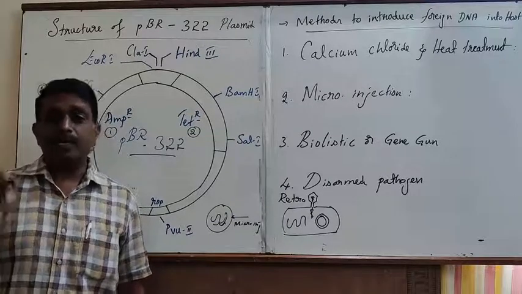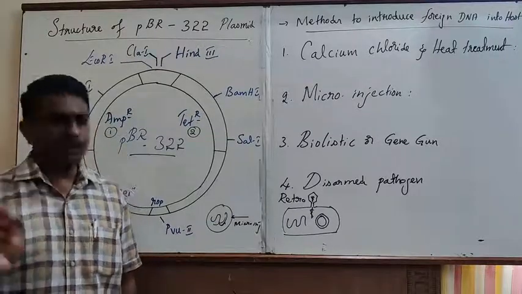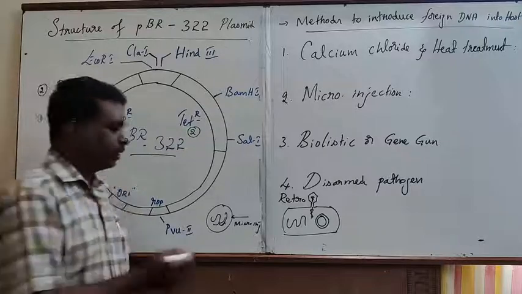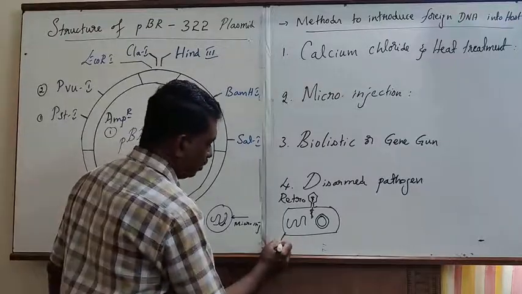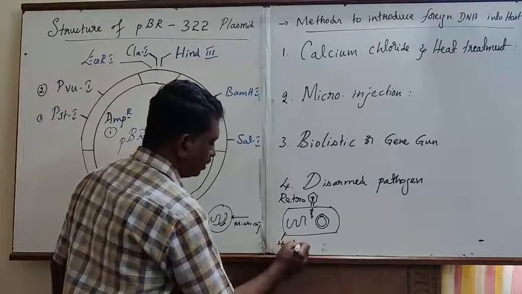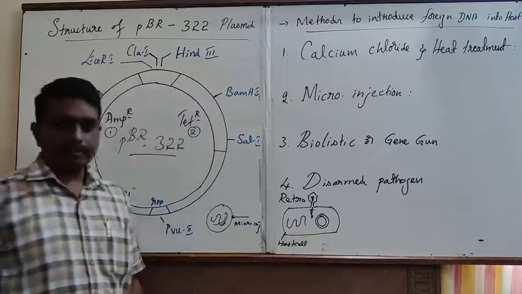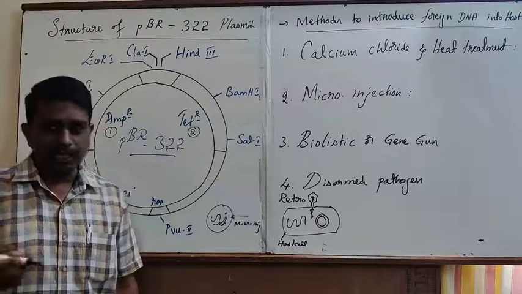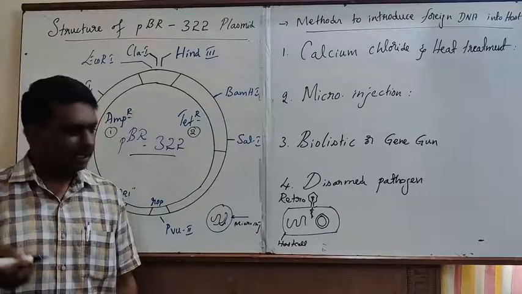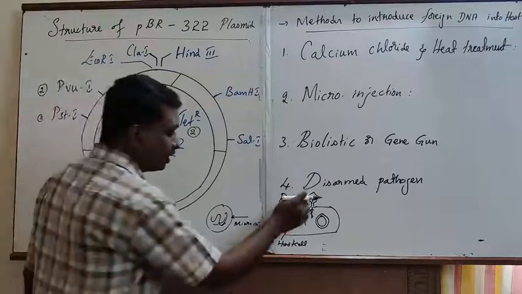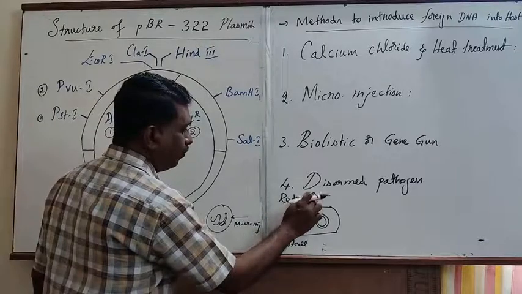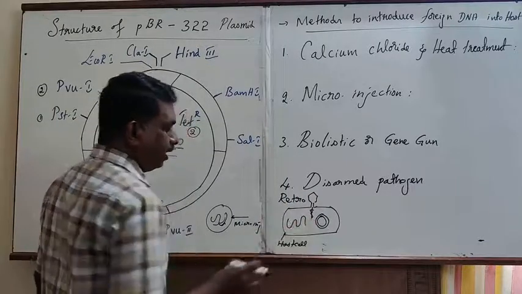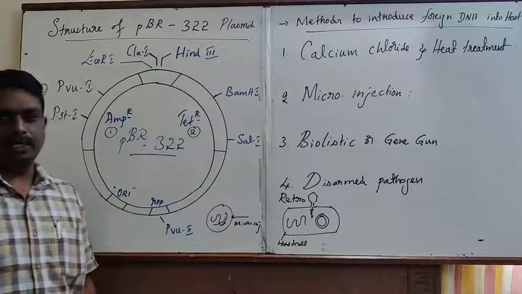These retrovirus vectors are allowed to infect the host cell. When the retrovirus starts to infect the host cell, it results in the transfer of recombinant DNA into the host cell.